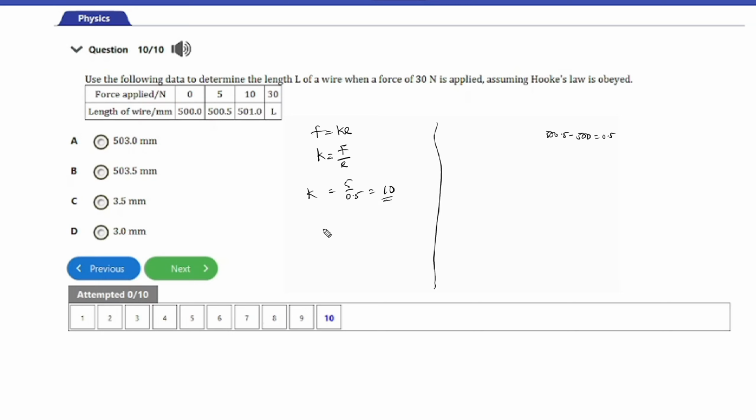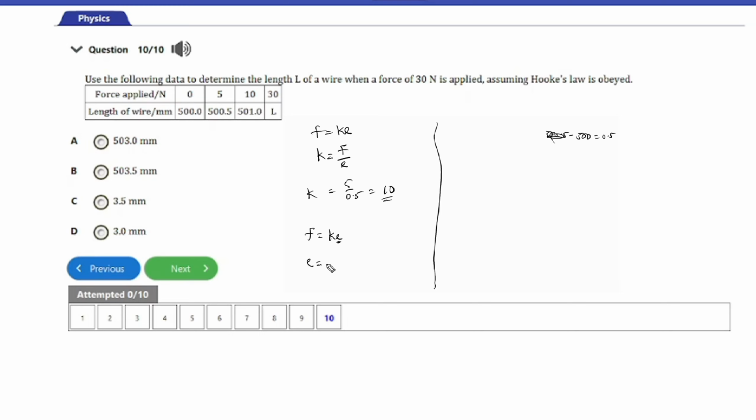So if we have K to be 10, we can now easily get the length of the wire when the force of 30 Newton was applied. We'll still do that F is equal to Ke. In this respect, we are going to find e, which is the extension, and then we'll find the length by adding to 500.